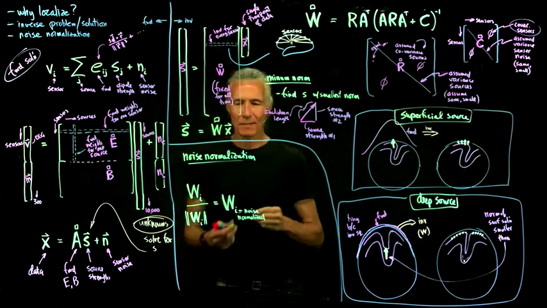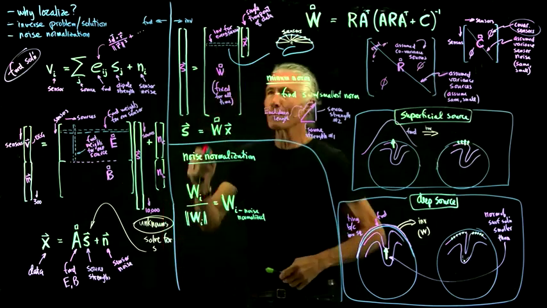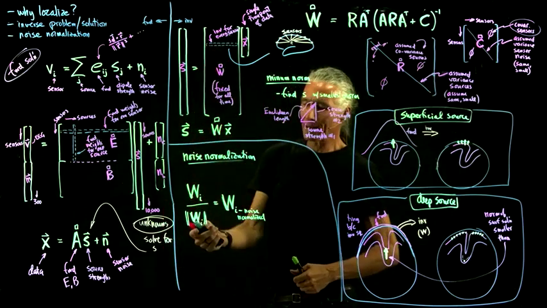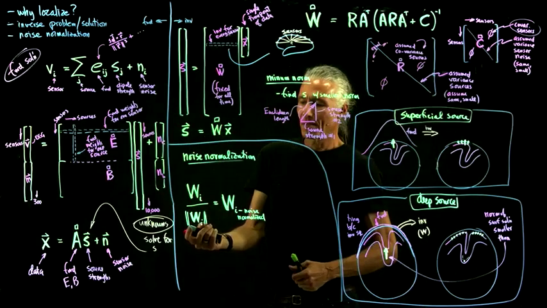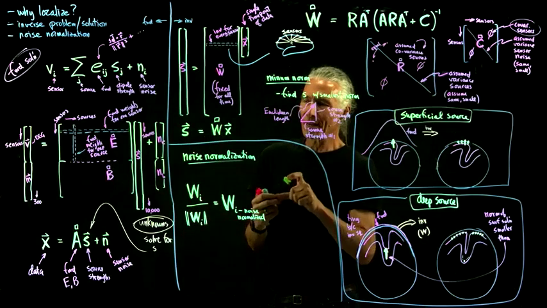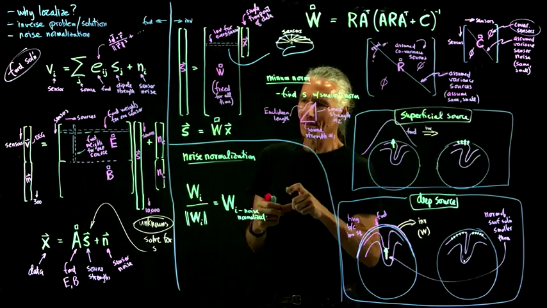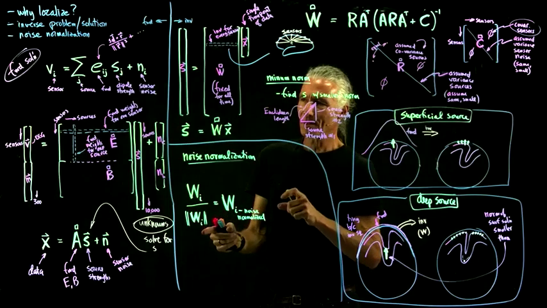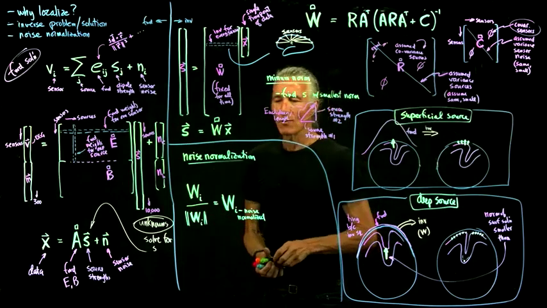And so all we did is we divided every number in that row by the norm, by the Euclidean length of that inverse solution. And so what will happen?